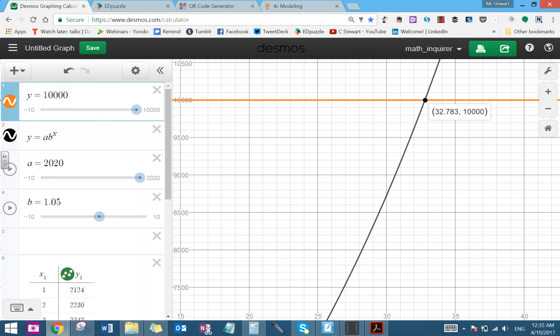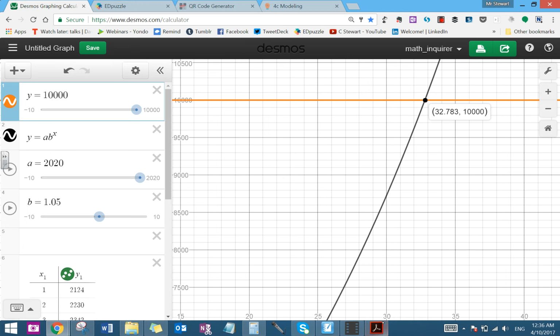So that's another little feature you can use too. If you're trying to read graphs in Desmos or on a graph period, it's like taking a ruler and running across the line that you're looking at, or the y value you're looking at, and you trace it across, and it's about 32.7. So we're going to need 33 days to hit and exceed 10,000 downloads.